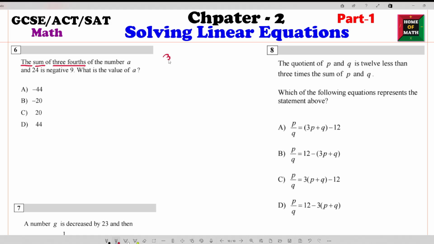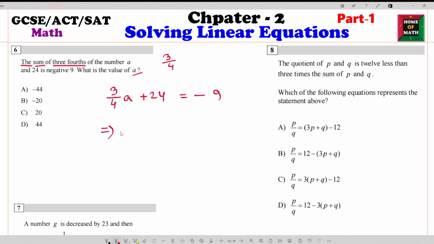It means 3 divided by 4 of the number a, and 24 is -9. The sum of 3/4a and 24, and the result is -9. What is the value of a?